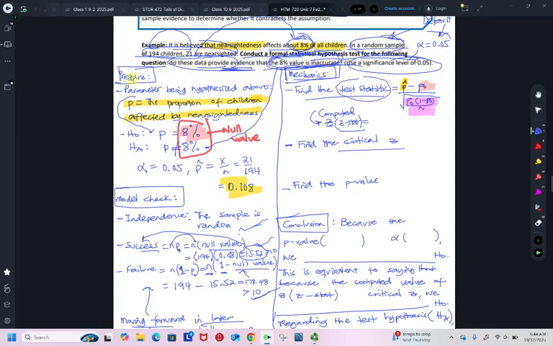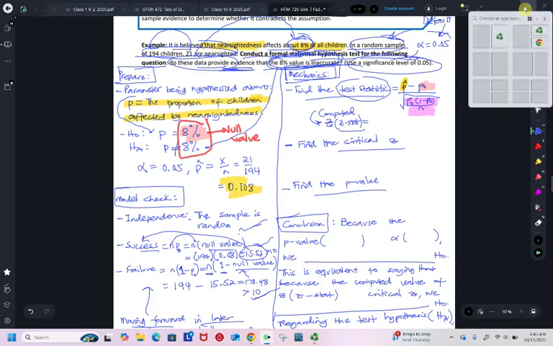Then we'll find the critical value and find the p-value. To do that, we're going to go to StatCrunch to help us with these computations. So let's go to StatCrunch.